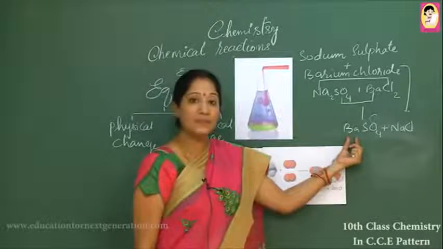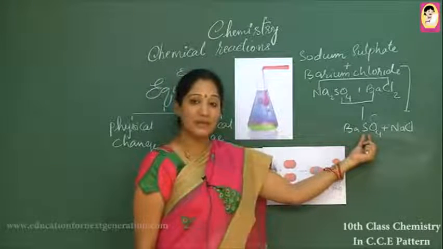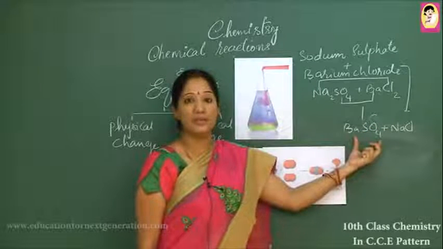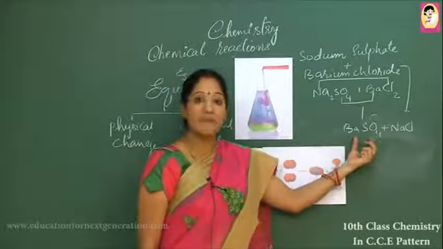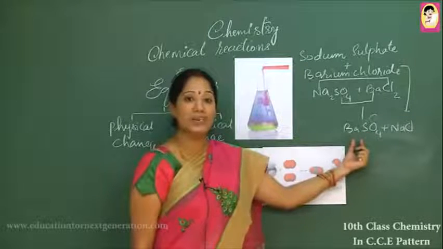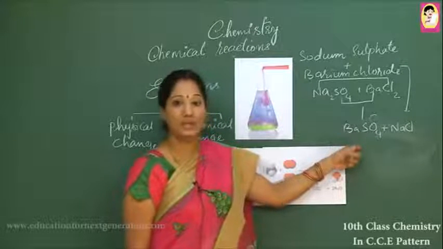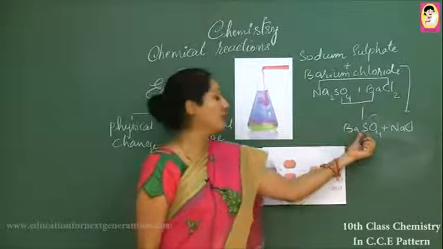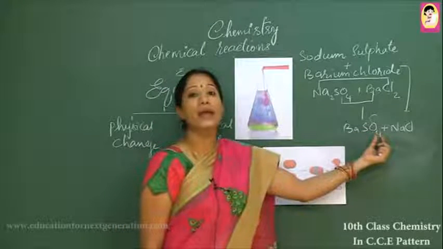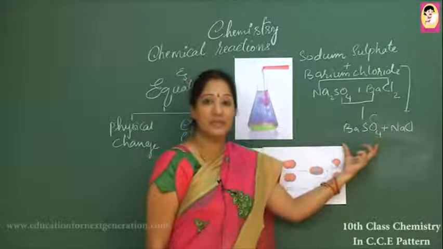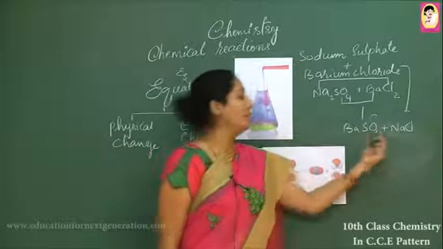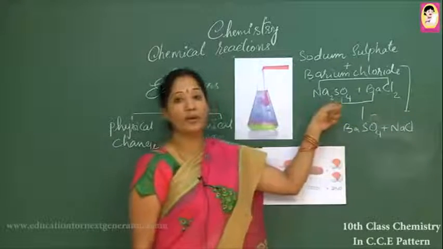So one barium atom reacts with one sulfur atom and 4 oxygen atoms, giving rise to barium sulfate. It is saving your time and giving you a complete picture of how the reaction is taking place, that is, how many atoms of barium, sulfur and oxygen are present in this reaction.